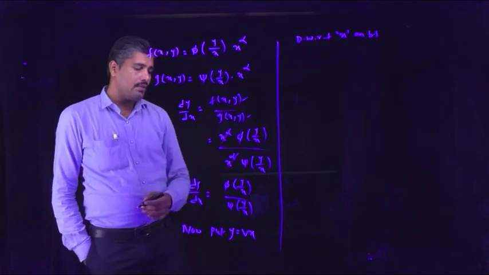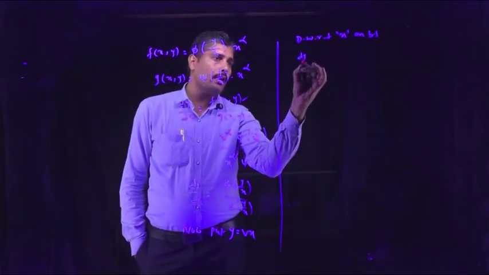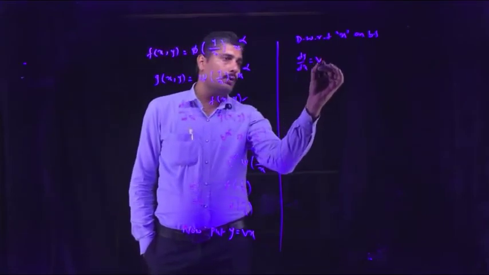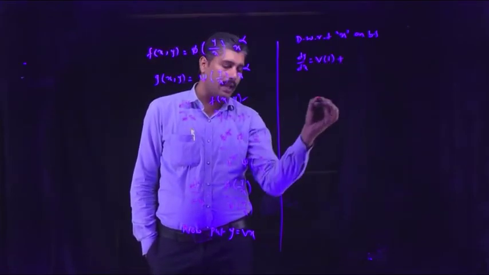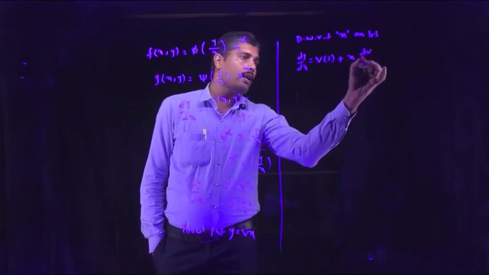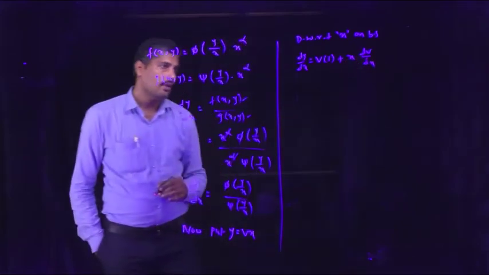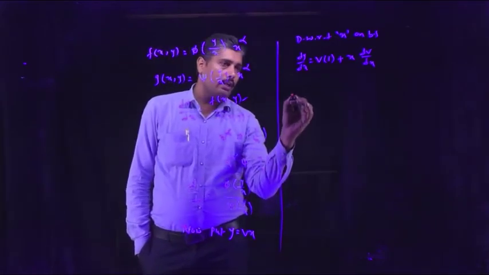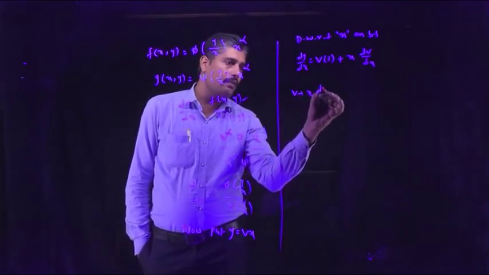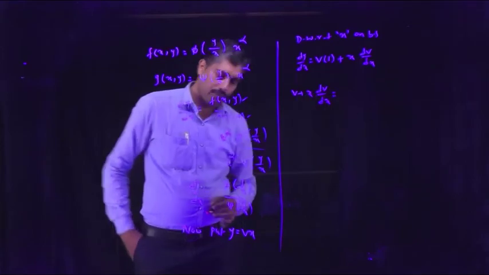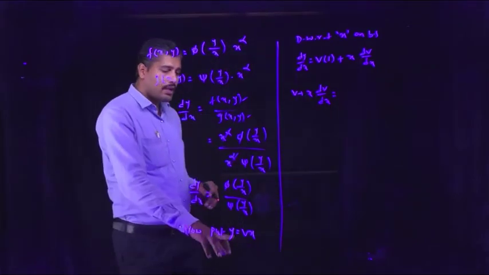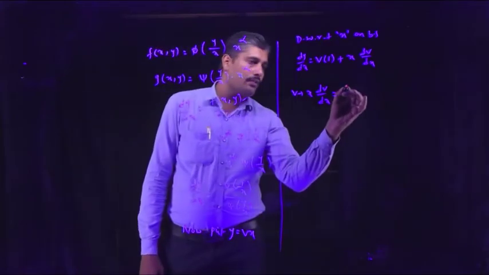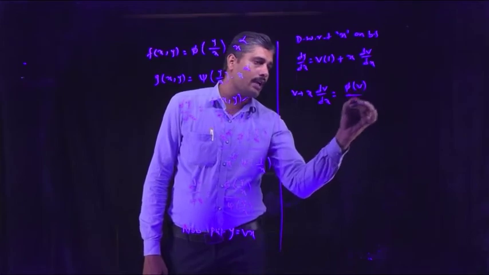Then we get dy/dx equals, it is in uv form, that is v times the derivative of x, which is 1, plus x dv/dx. Right? Substitute here: v + x dv/dx equals, we know that y = vx, therefore y/x = v, that is φ(v)/ψ(v).